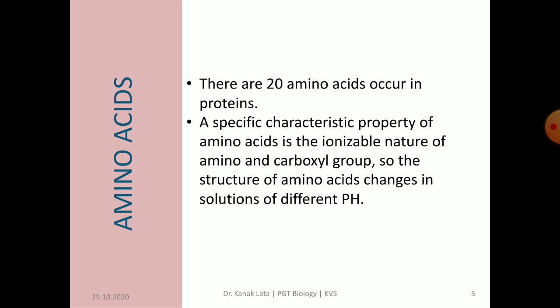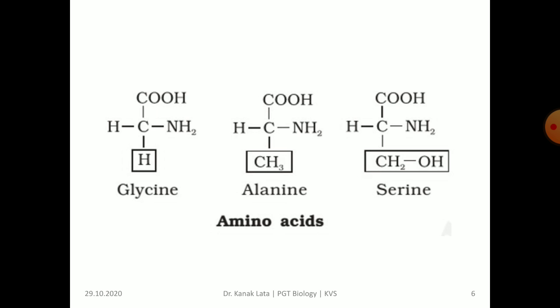So that is why they are ionizable in nature. Here it is about the structure of 3 different amino acids, that is glycine, alanine and serine. In all the 3, you may observe a variable group on the 4th side.